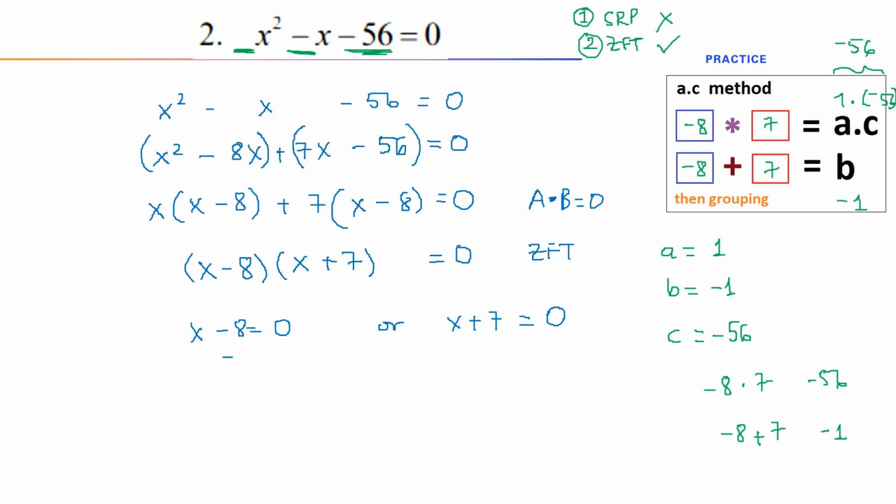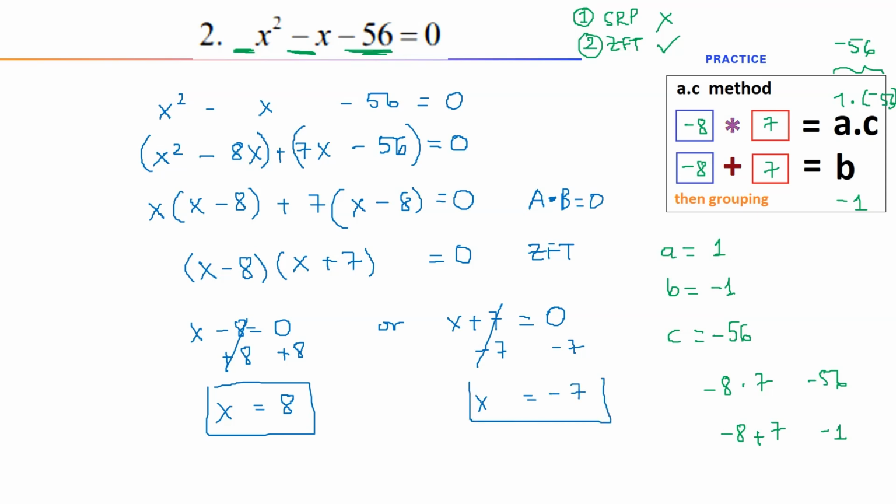For this one, add 8 to both sides, and we're left with x, because this one cancels out, equals 8. Or x plus 7 equals 0, so we subtract 7 from both sides to isolate x on the left hand side. And that is our answer. So the solution set is negative 7, comma 8.